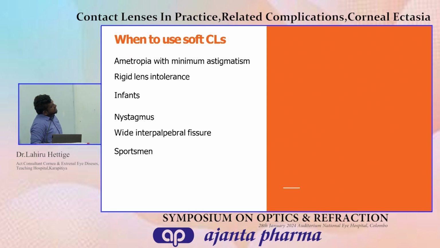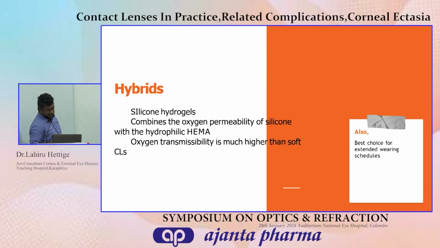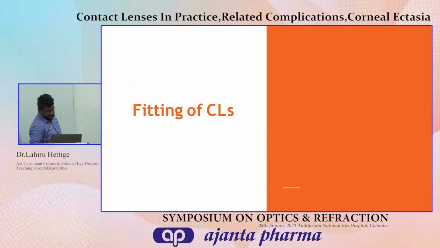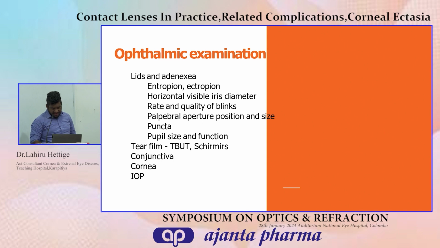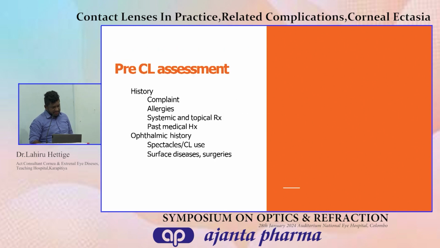So soft contact lenses come in handy in these circumstances. Hybrids are made from silicon hydrogels, and combine the oxygen permeability of silicon with the hydrophilic molecules. So I'm not going into details of these.